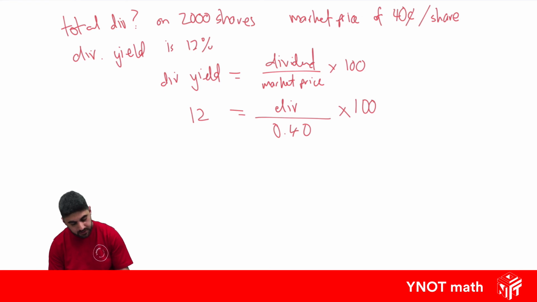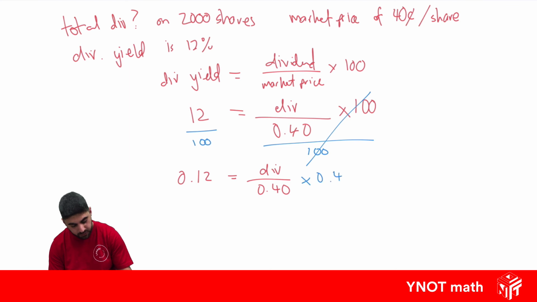So we can divide both sides by 100, so those hundreds will cancel out. We end up with 0.12 equals our dividend over 0.40. We can times both sides by 0.40, where they'll cancel out, and we'll end up with a dividend of $0.048, but that's per share.